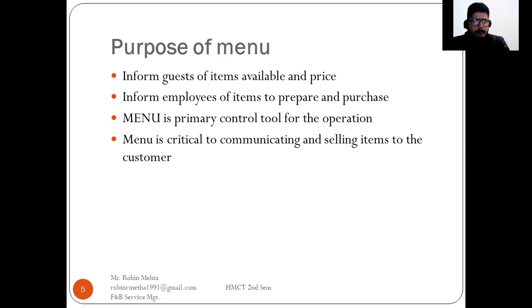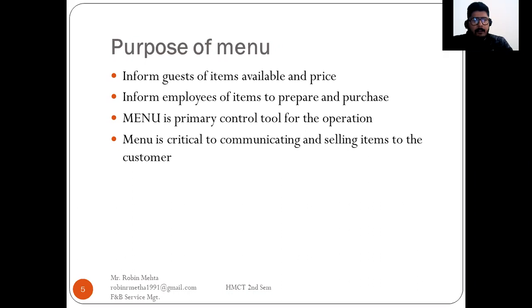Prepared by the kitchen, and then after doing service to the guest, we raise the check or bill of the guest, and the guest pays that bill, and then we deposit it with the cashier.